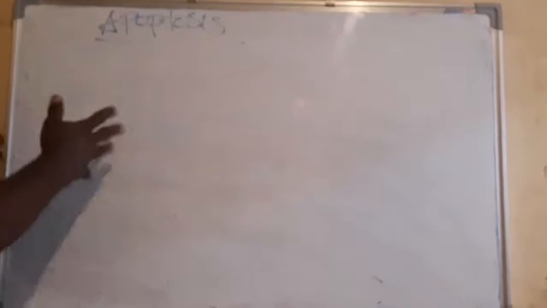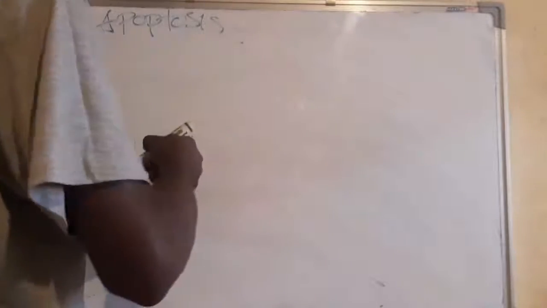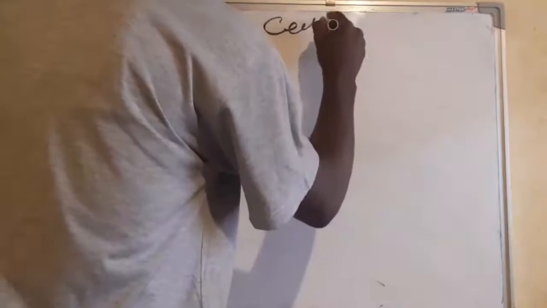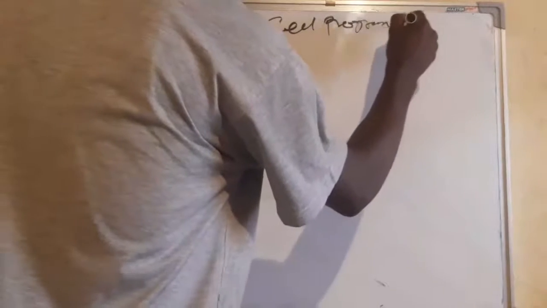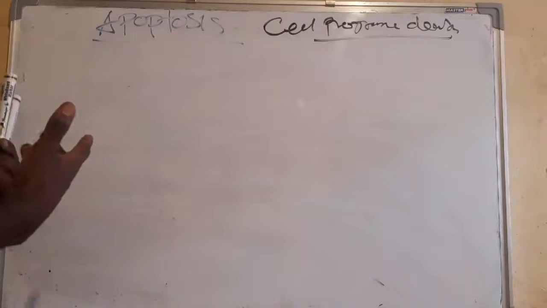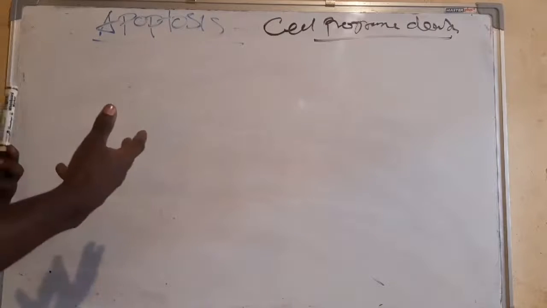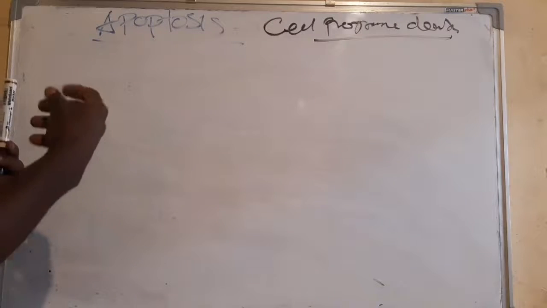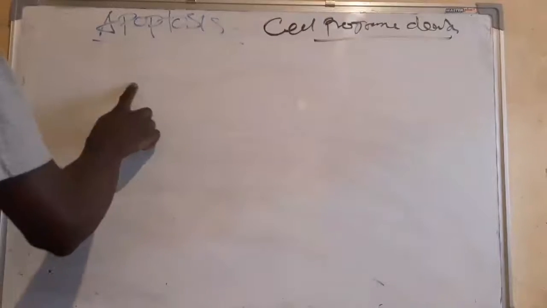So apoptosis is just the cell programmed death. What does this mean? It is the normal process by which the cell undergoes death. But this can be normal, and it can also be abnormal.